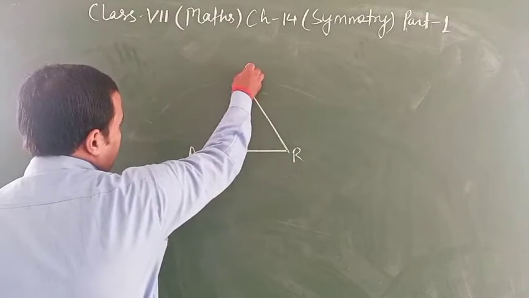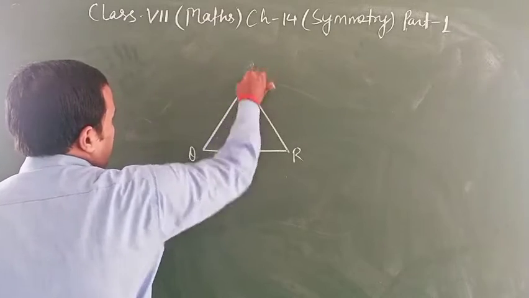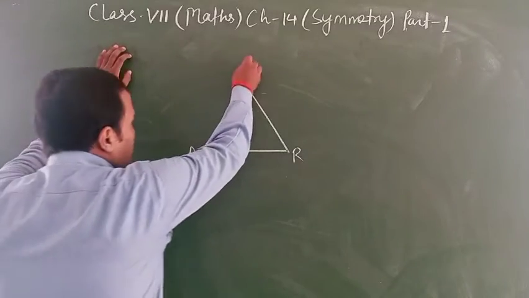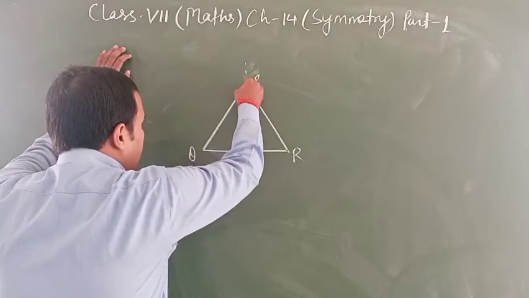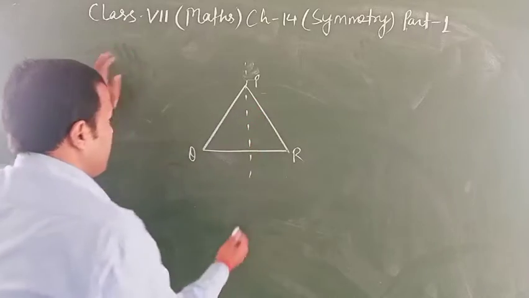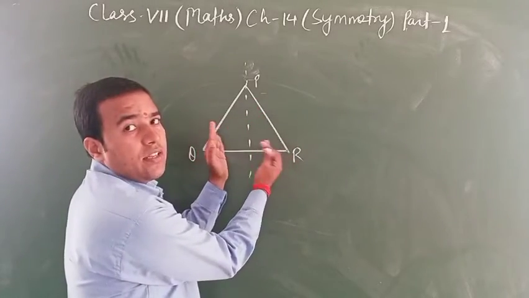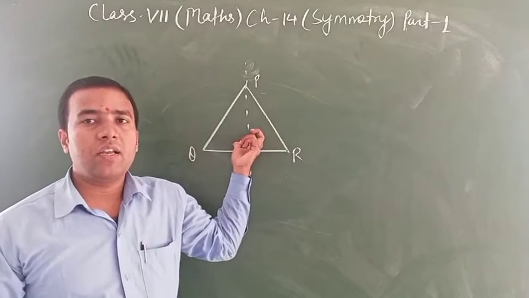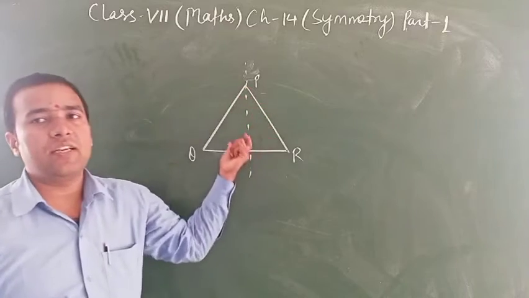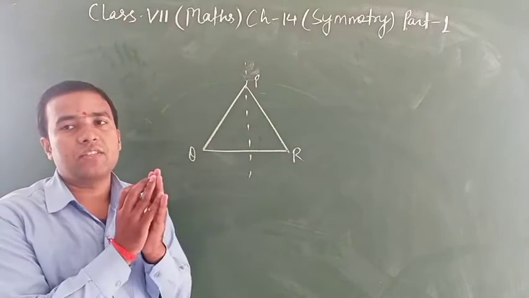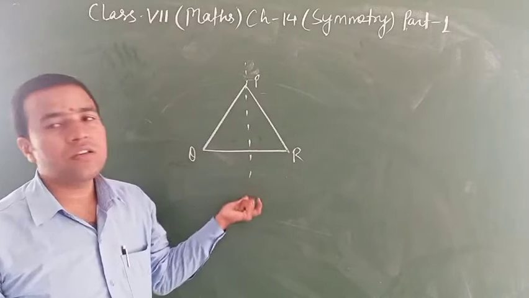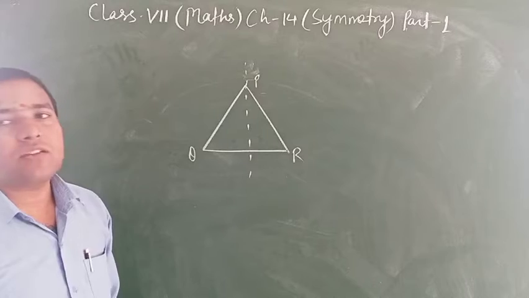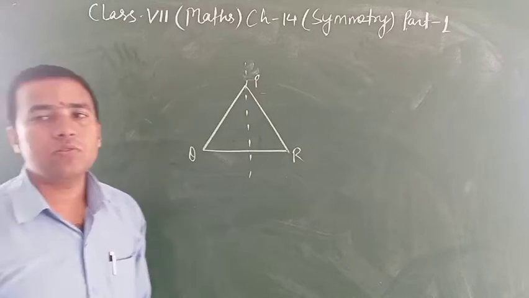If we make a line of symmetry here, when we fold like this, we will get two equal parts. Any line splitting a shape into two parts such that the two parts are the same is called a line of symmetry. These parts are also said to be symmetrical to each other.